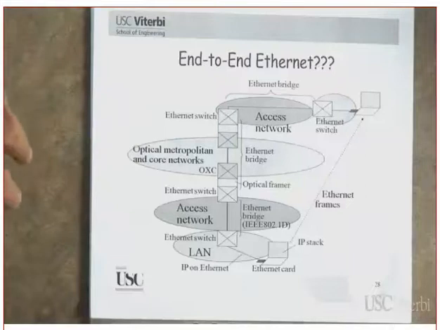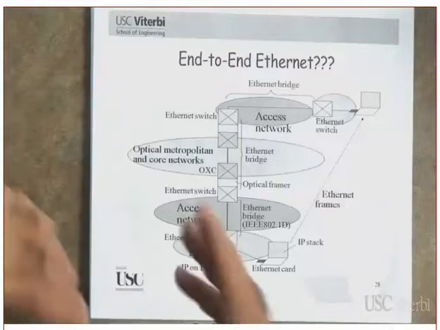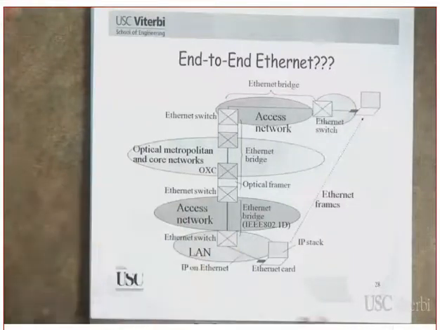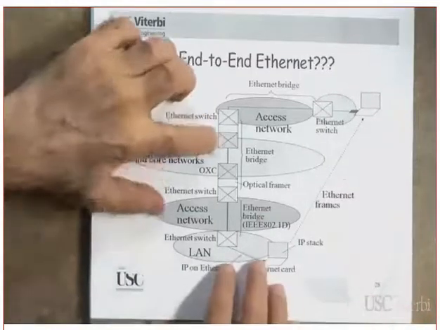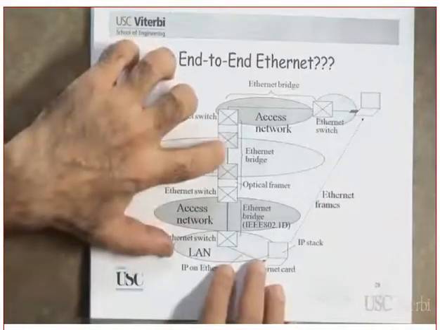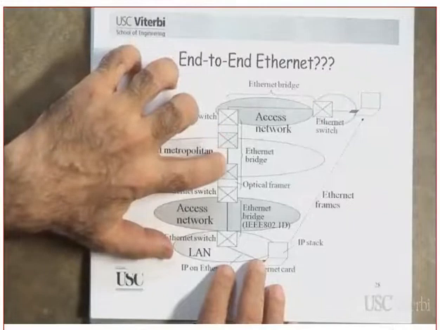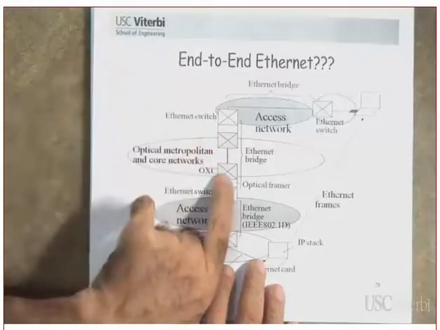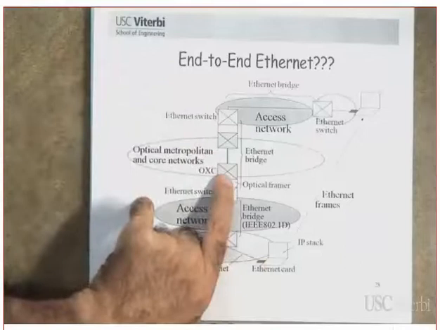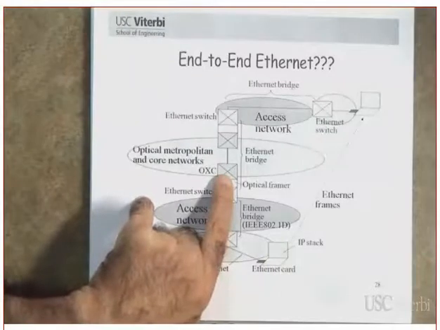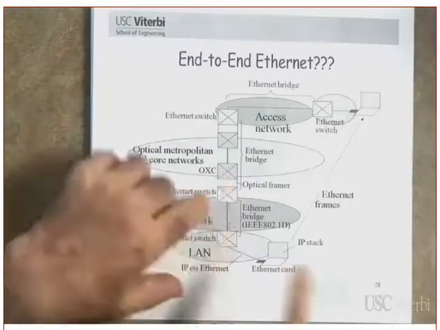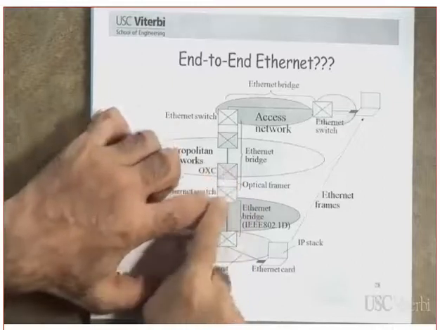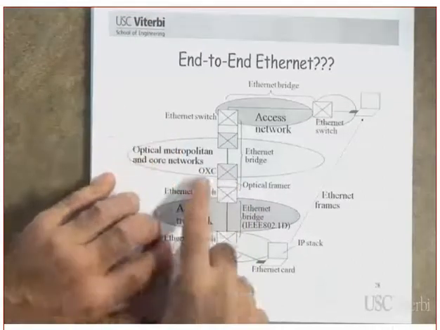Inside that optical frame is an Ethernet frame. Transport the optical frame over the DWDM, for example, or over SONET. And at the other side, you get rid of the optical frame and recover the Ethernet frame. And same thing with this. That's another one, another one, and so on and so forth.